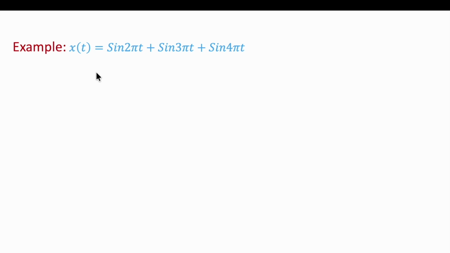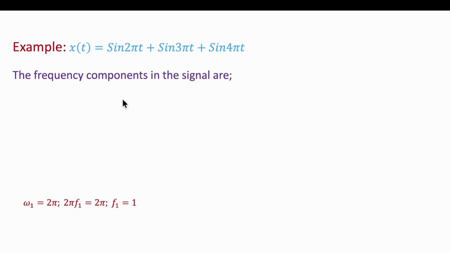For example, if a signal is given as x of t equals sine 2 pi t plus sine 3 pi t plus sine 4 pi t, and you are asked to calculate the frequencies present in this signal, or what the highest frequency component in this signal is, you can simply calculate the frequency components. There are three signals: sine 2 pi t is one signal, sine 3 pi t is another, and sine 4 pi t is another component.